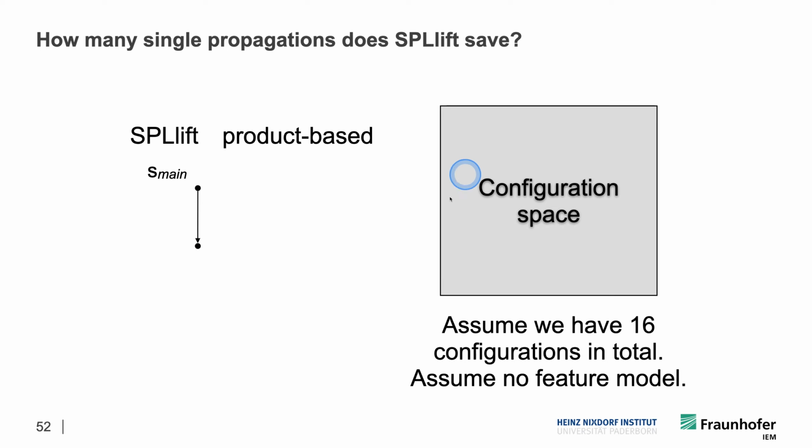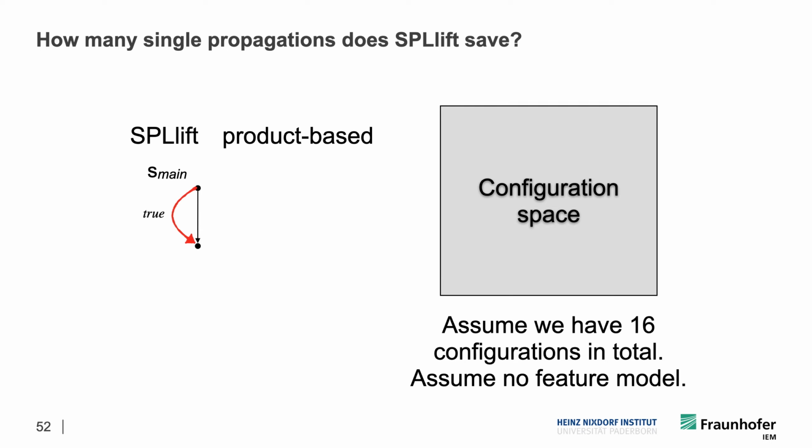And at the beginning, assume that we have a configuration space of 16 configurations with no feature model. So that means we would have 16 different software products, all of which have the same data flow here that needs to be tracked, okay?